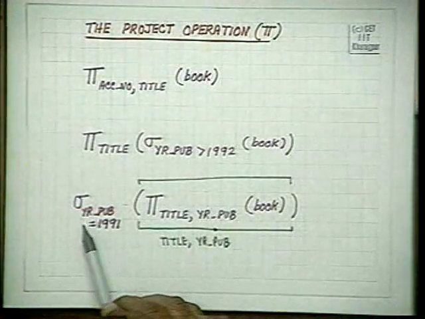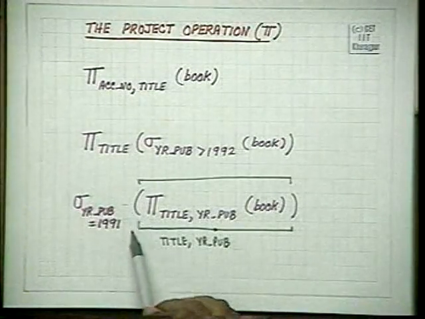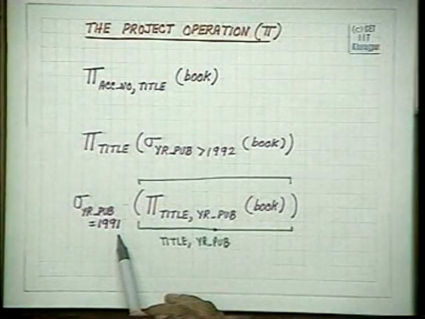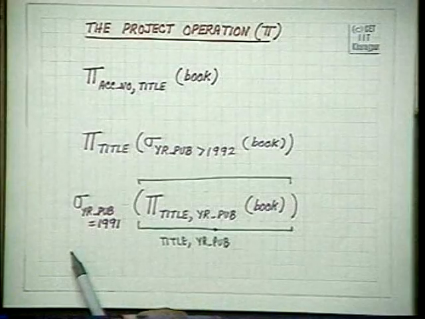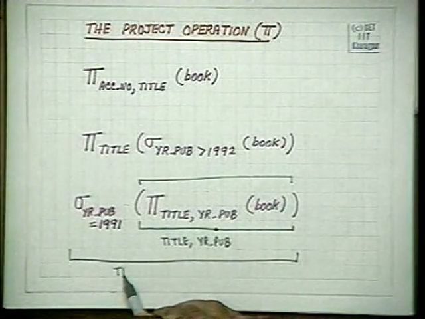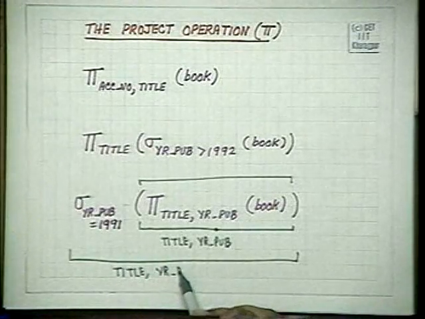And among these attributes, I will select out only those tuples from this relation whose year of publication is 1991. So this corresponds to returning a relation whose attributes are still title and year of publication.